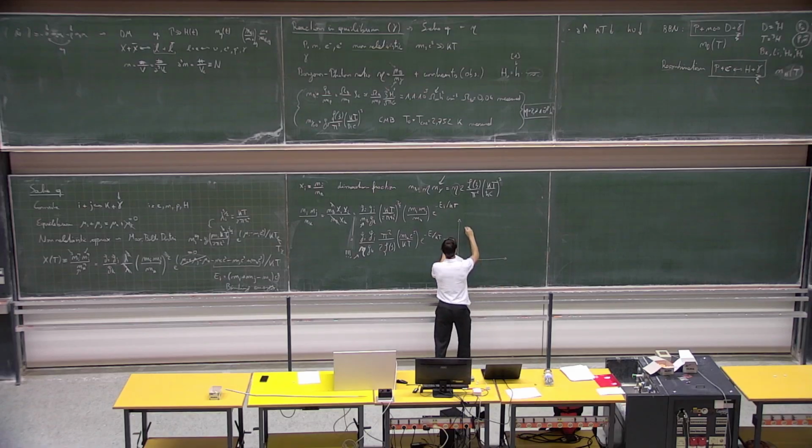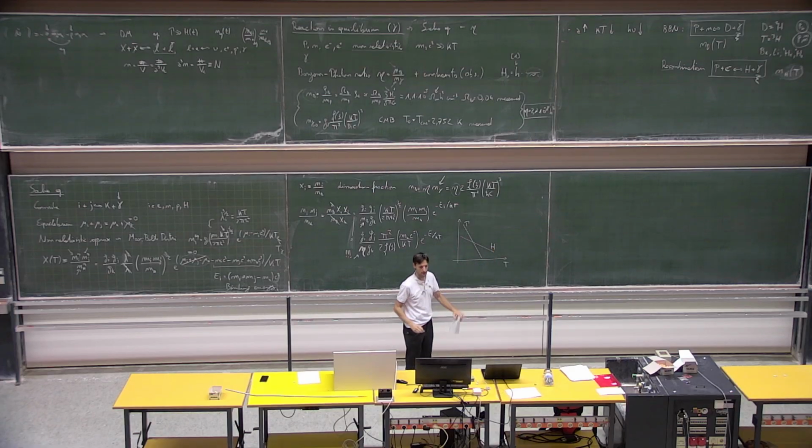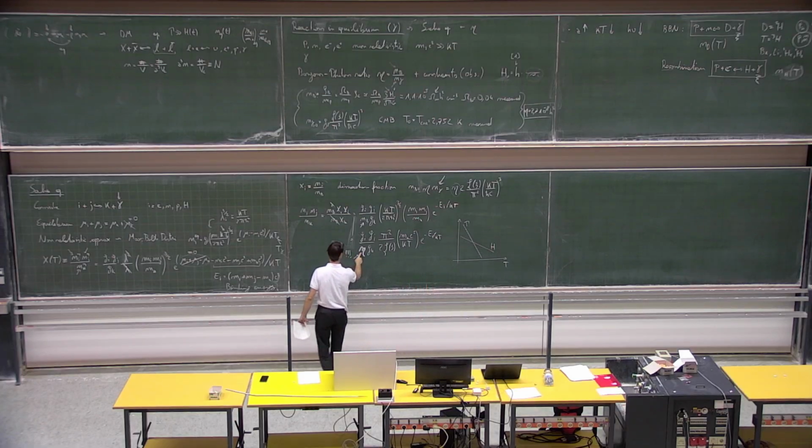We have our reaction rate, that's the temperature, that's the rate of the reactions, and that's the Hubble rate. Now look at this number. You see we have a proportionality for this term, so here we would have the reaction rates.